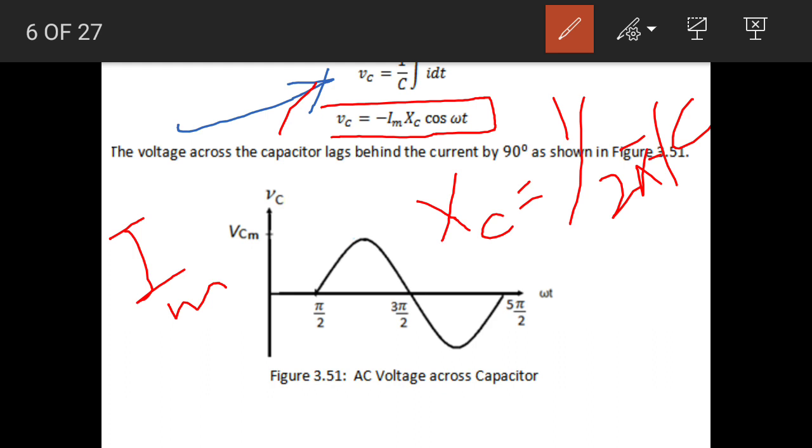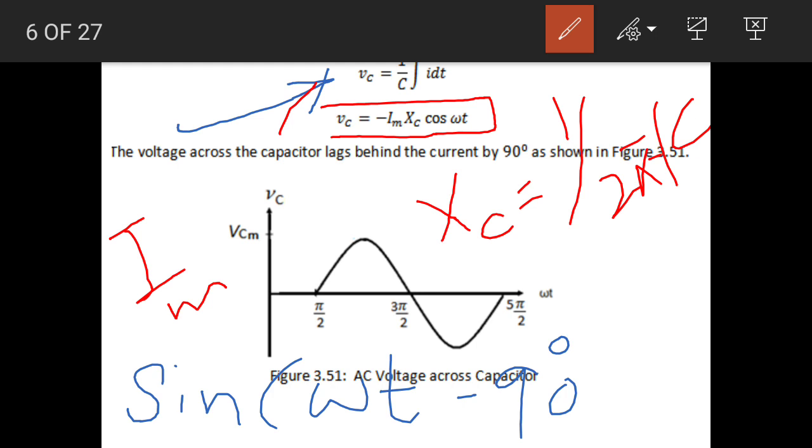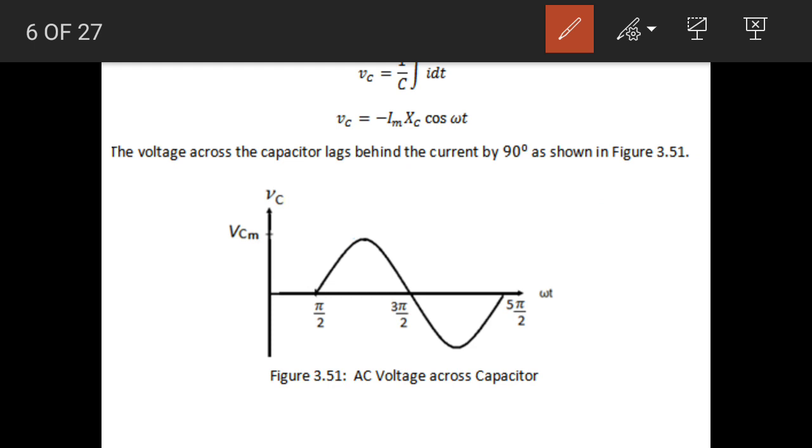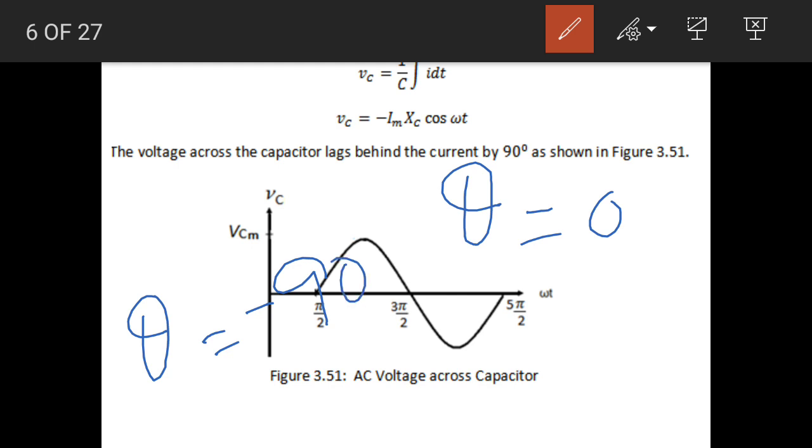We know that sine of omega t minus 90 is equal to minus cos of omega t. So if we compare this equation with the equation for the AC current, you see the phase angle of the AC current in this series combination is 0, while the phase angle of the AC voltage across the capacitor is minus 90 degree.